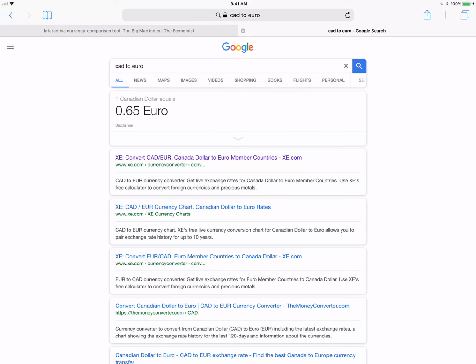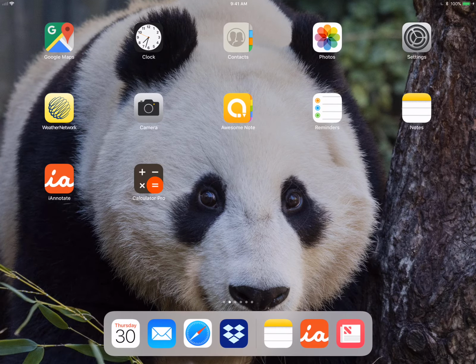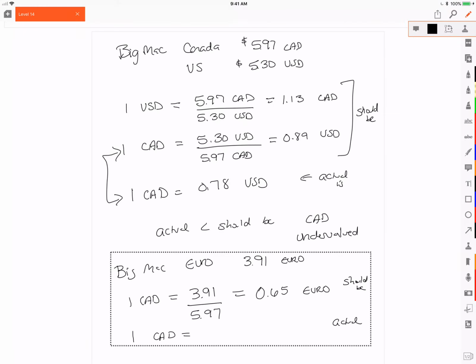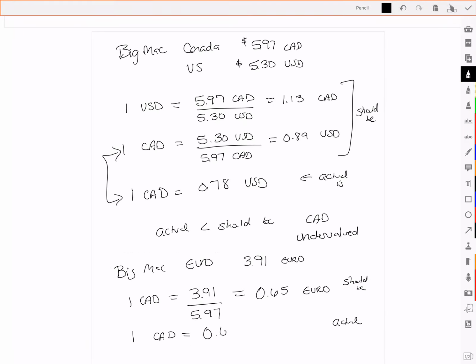So 1 Canadian dollar is equal to 0.65 euros. So notice that what it should be and what it actually is are the same. So here we've reached purchasing power parity between the European Union and the Canadian dollars.